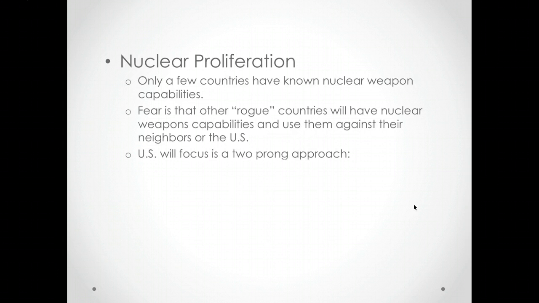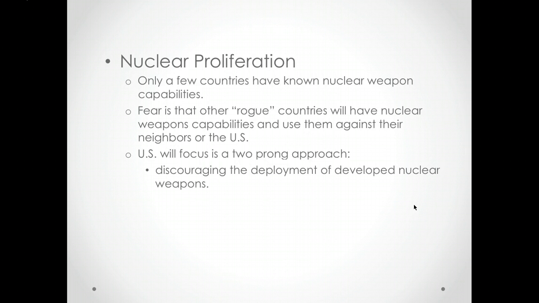So the U.S. is trying to discourage the deployment of nuclear weapons around the world. We give economic incentives to countries that say that they are going to end their nuclear weapons programs. A good example of this is North Korea. In the 1990s, North Korea announced it was pursuing a nuclear weapons program.